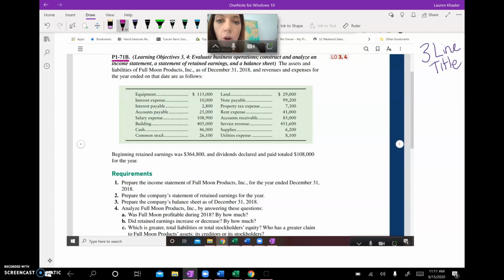So first things first, assets and liabilities of Full Moon Products, Inc. This is the company that we're going to be preparing financial statements for, as of December 31st, 2018, so this is their period end. And revenues and expenses for the year ended December 31st, 2018.